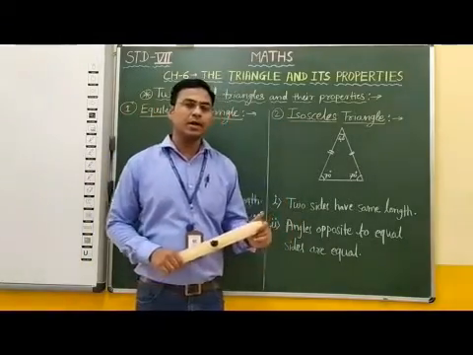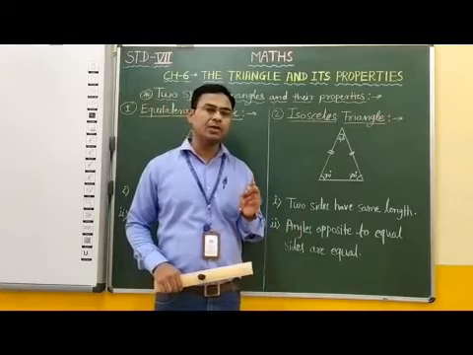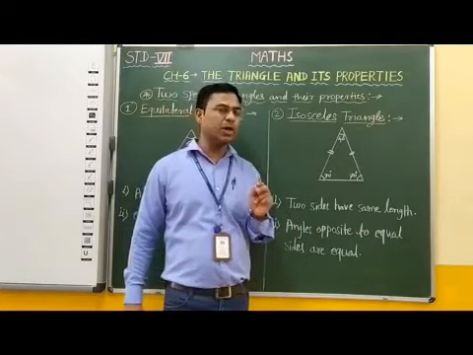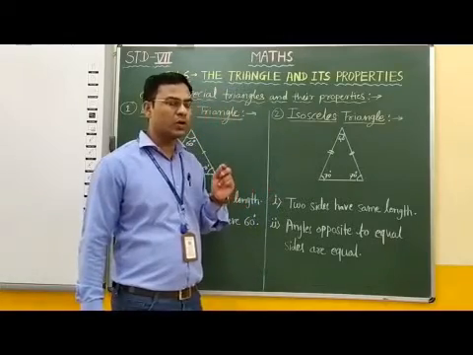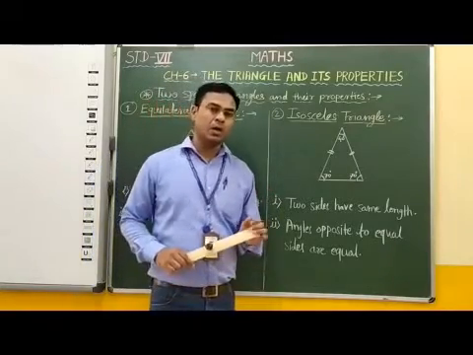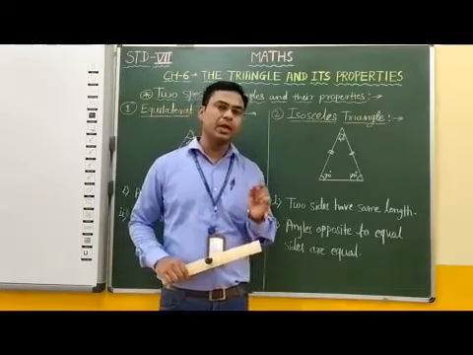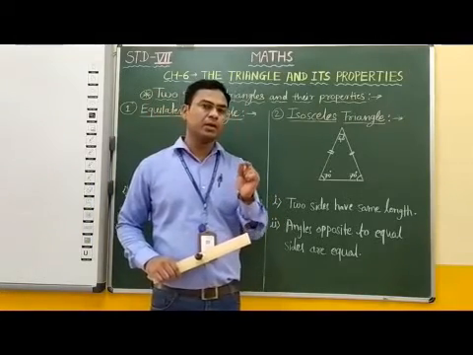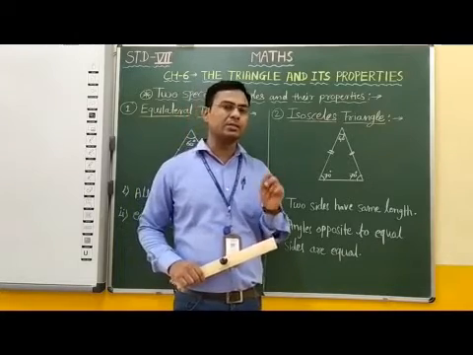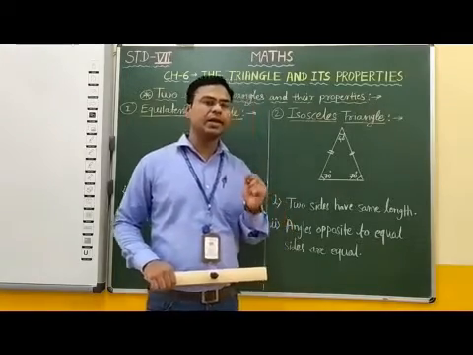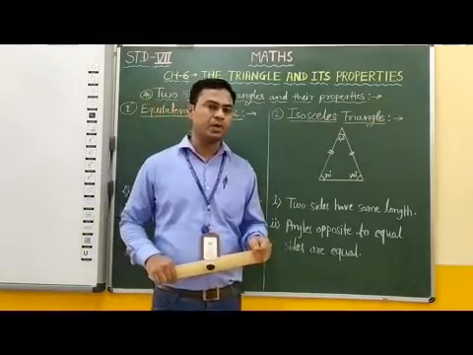Or in other words, we can say that if in any triangle length of two sides is equal, then its opposite angles are also equal. And on the contrary to this, we can say that if in any triangle measures of two angles are equal, then its opposite sides are also equal.